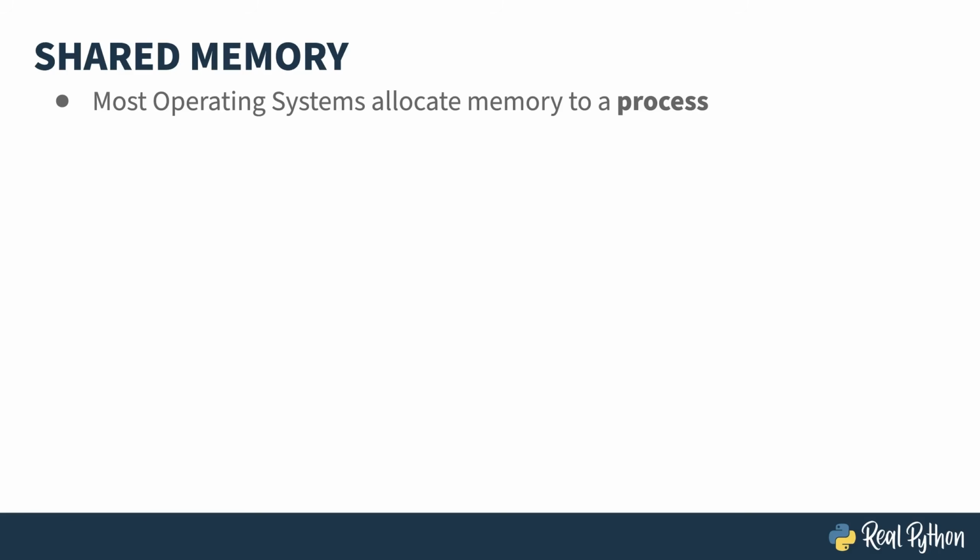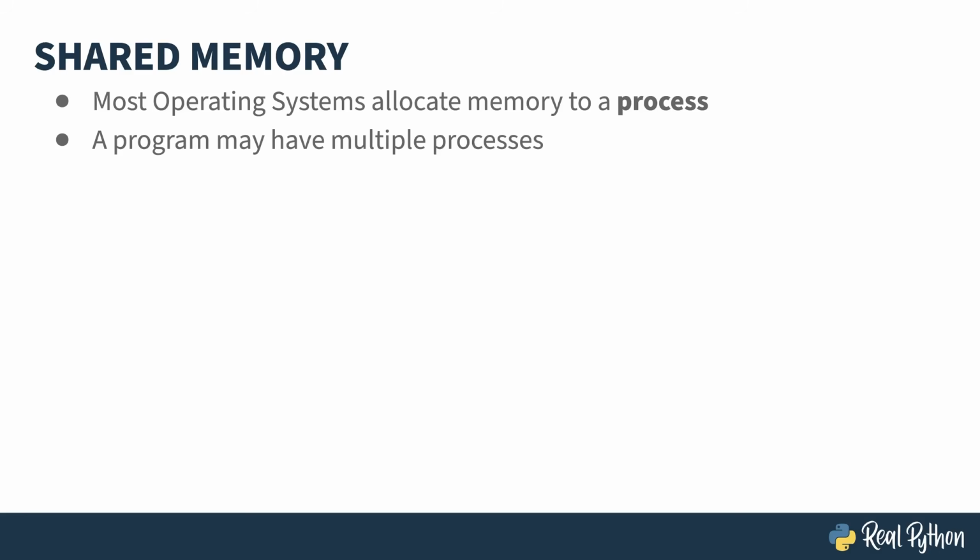Another memory concept is shared memory. The simplest model is for each program that you run to be contained inside of a process. Each process is managed by the OS and, among other things, is allocated some memory. For safety reasons, this is self-contained. You wouldn't want my process writing all over your process's memory. That'd be bad.